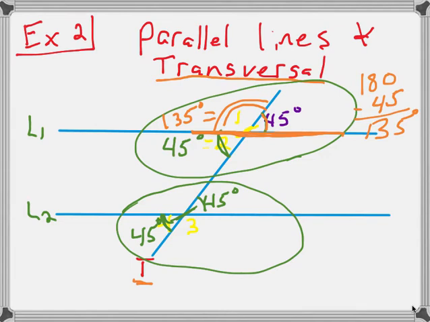Now, vertical angle, come across through here, that is also 135 degrees. Now, remember I said take that snapshot of line 1 and everything in line 2 and the transversal intersection is going to be the same size. So this is 135 degrees.